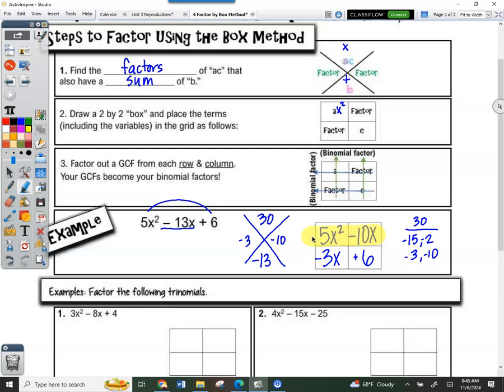It's 5x. It's not squared. This is x to the first power. It's always the smallest number or smaller and the smallest exponent. Y'all with me? You can't pull more than what's actually there. So it's 5x.